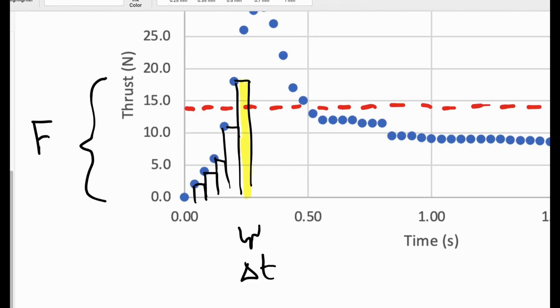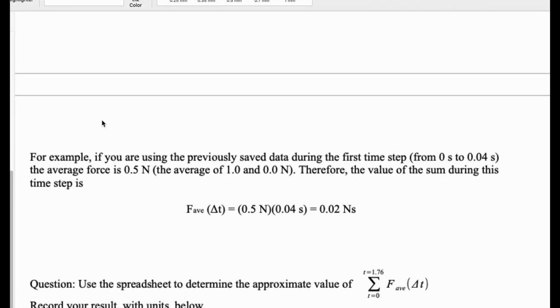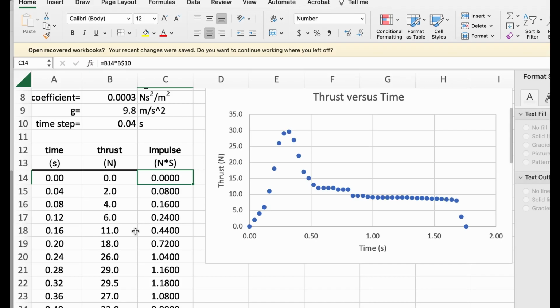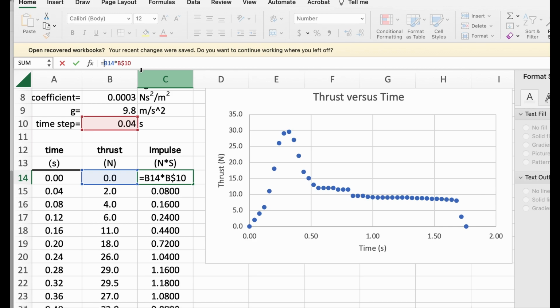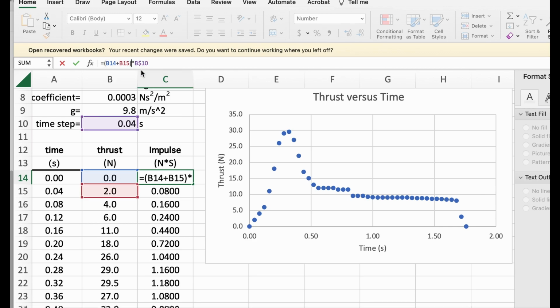Or if you really want to get precise with it, they're saying that if you use the data from 0 to 0.4, try to find the average force for that interval. It's not a big deal if you don't. It's going to come out similar, but they're saying that instead of just calling up B14, I could call up an average of B14 and B15, because that's going to be the next force, and then just divide by 2.